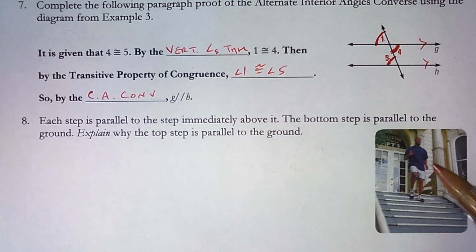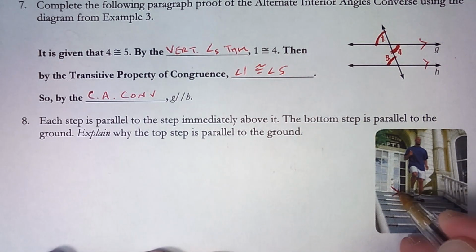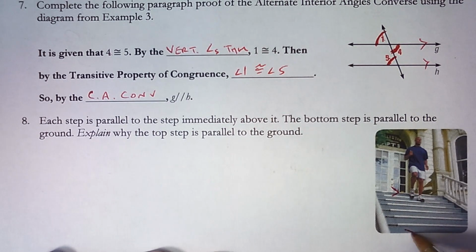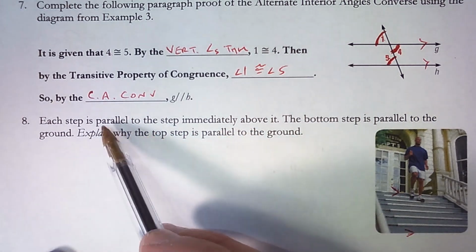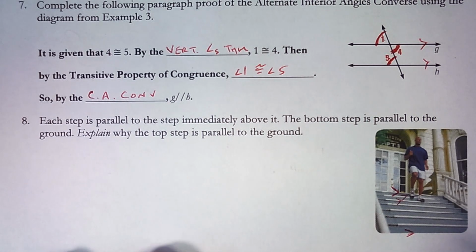For our last question, if each step here is parallel to the one right above it, and the bottom step is parallel to the ground, how do I know that the top step is parallel to the ground? If the top is parallel to the one beneath it, which we know from this first sentence, and the one beneath that is parallel to the third step down, then the first and third are parallel, and so on, all the way down to the ground.